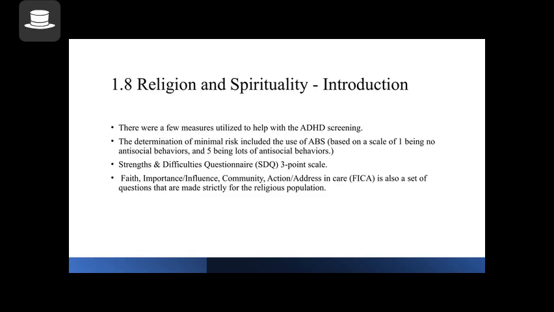This is the scale that is based off of a 1 to 5 scale, 1 being, of course, no presence of antisocial behaviors, and 5 being lots of antisocial behaviors.